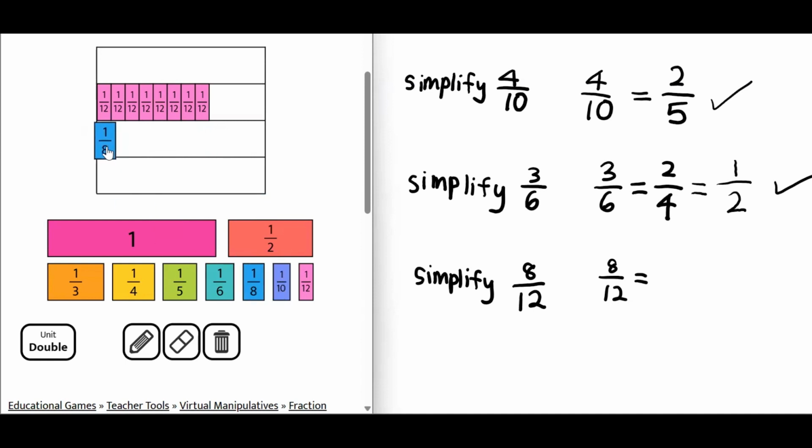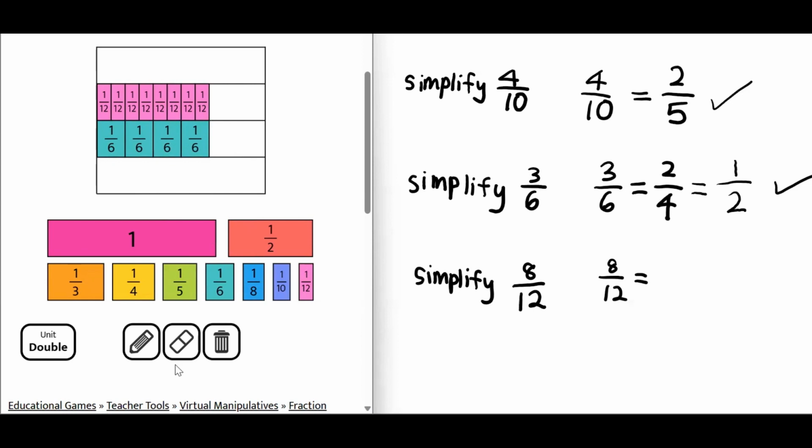Let's try 1/8 now. I can't get it to be the same length either, so I'll put this back. Okay, I'll try 1/6. Oh, they look like they're the same length.